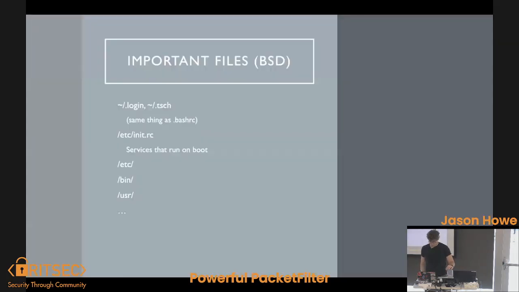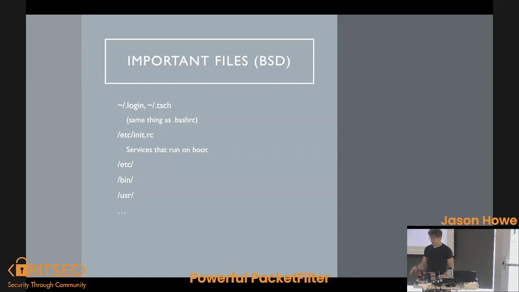Moving on to important files. Instead of having a .bashrc or a .profile, you've got a .login and a .tcshrc, which is kind of the same thing, but they're different file names. They both exist in the home directory. Instead of having init.d as your startup service like regular Linux, we've got rc.local-style init scripts, and that's where you add things that you want to run on boot.